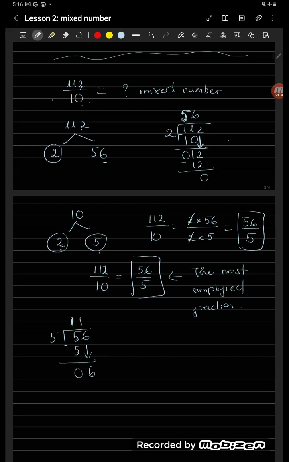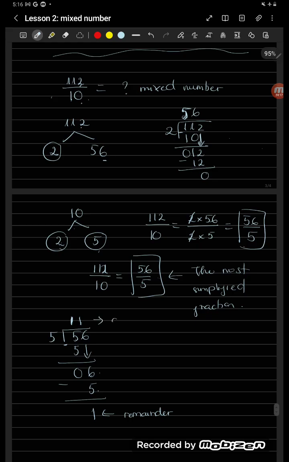Of course, it cannot be 2 because 2 times 5 is 10, which is greater than 6. So we only can take 1. 1 times 5 is 5, so 6 subtract 5 is 1. Here is the remainder, here is the quotient, and here is the divisor.